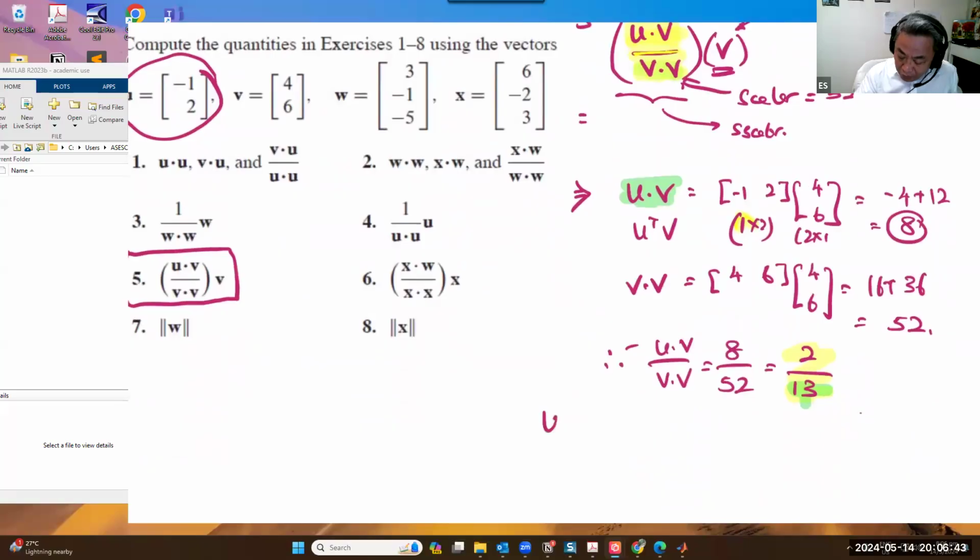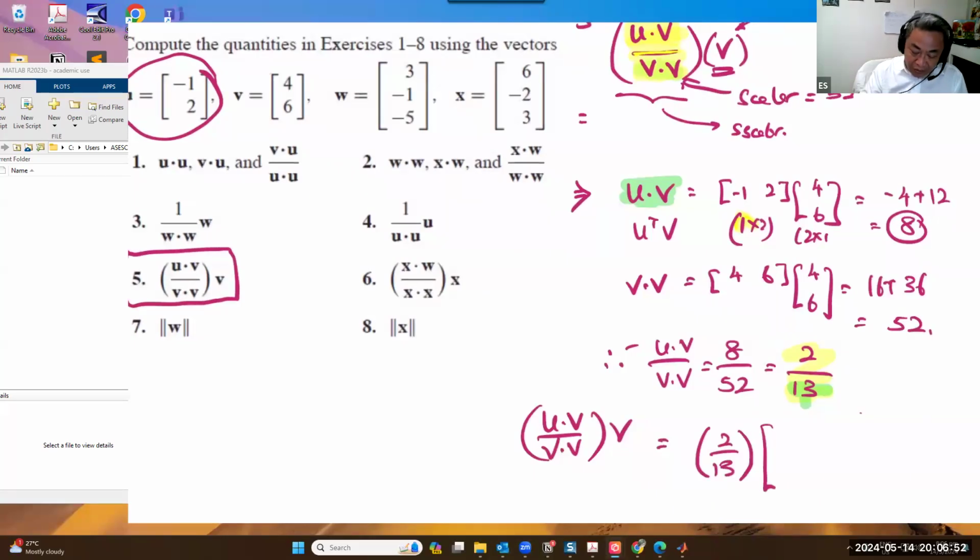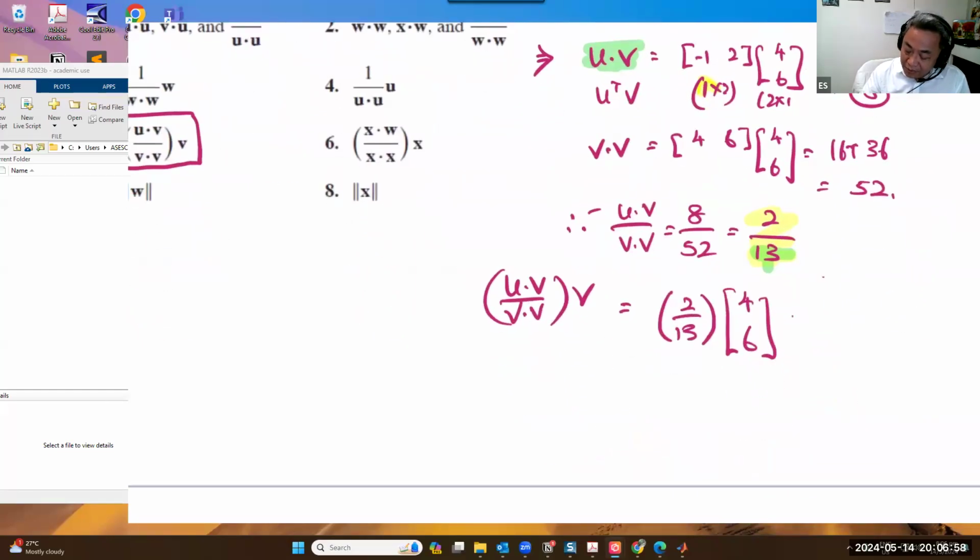So U dot V over V dot V multiplied by V. I'm going to write it out for you. It is 2 over 13. Then I have to write V. What is V? 4, 6. Agree? And in fact, you can stop here as the answer, or I will stop here as the answer.